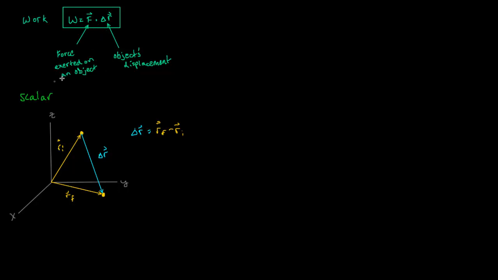This is the dot product here, and it is defined as A dot B is equal to the magnitude of A, no direction, times the magnitude of B times cosine of theta, where theta represents the angle between the two.